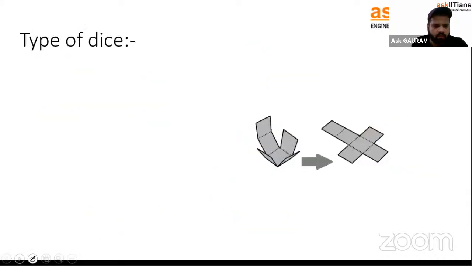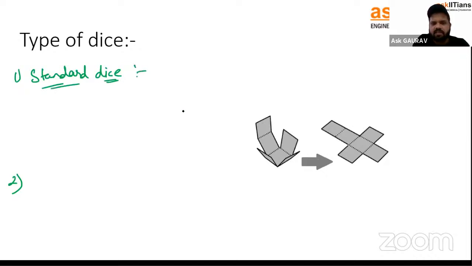Next, let's talk about the types of dice. How many types of dice are there? There are only 2 types. One is the standard dice. Standard dice is very simple. A standard dice is a dice in which 1 is opposite to 6, 2 is opposite to 5, and 3 is opposite to 4.